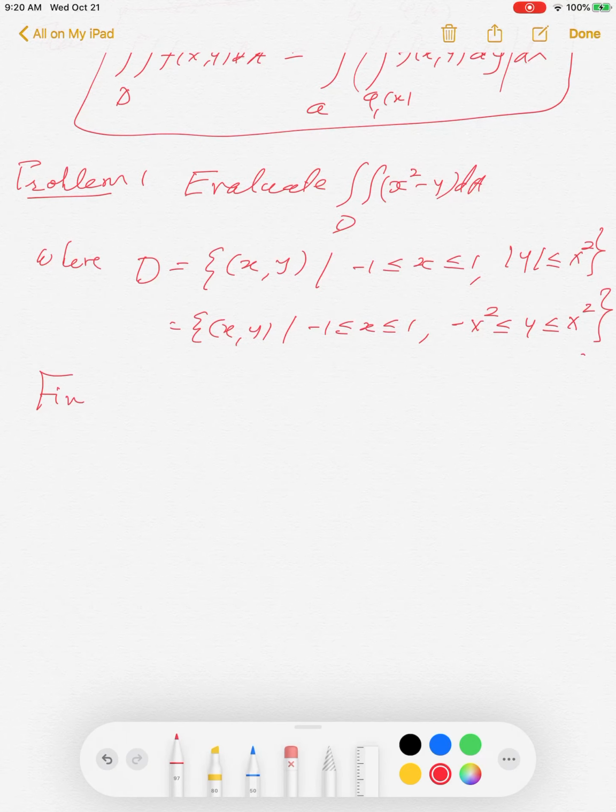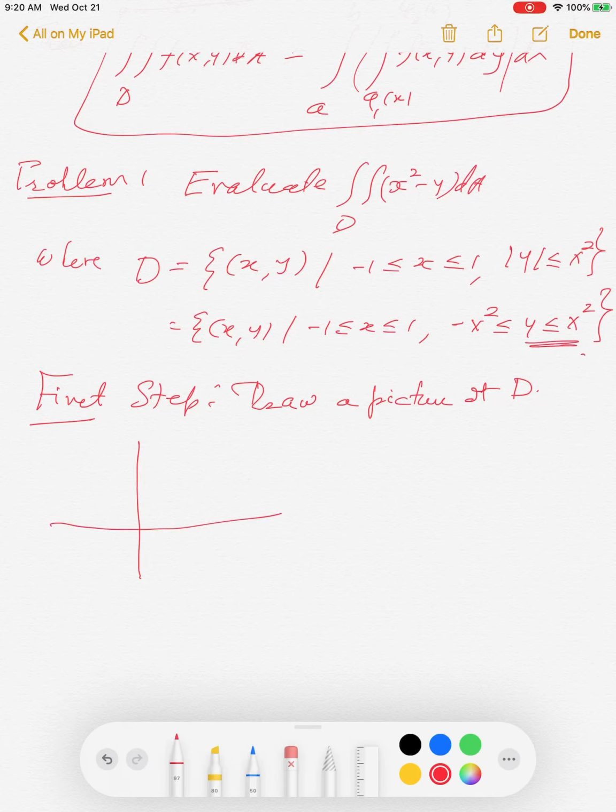So always the first step is drawing a picture of D. That will help you immensely in deciding the limits of integration when you write it as a repeated integral. So if you look at this, what are the bounding curves?